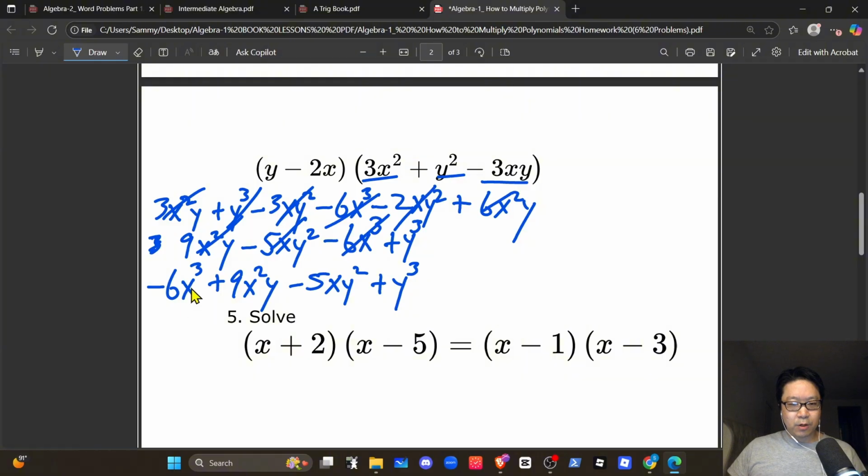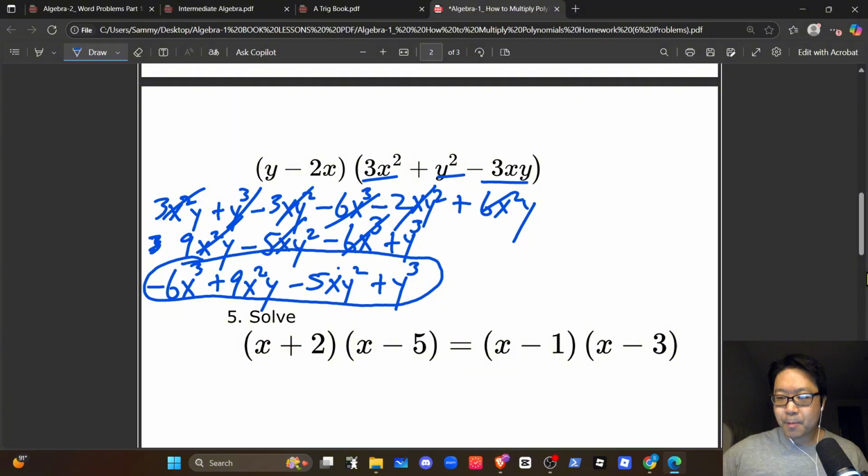Okay, so notice how we have a decreasing order of the x variables. So we have 3, 2, 1, and 0. Okay, so this would be the proper way of writing our answer.